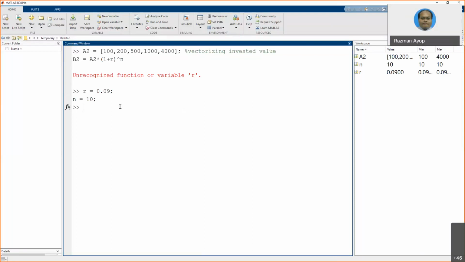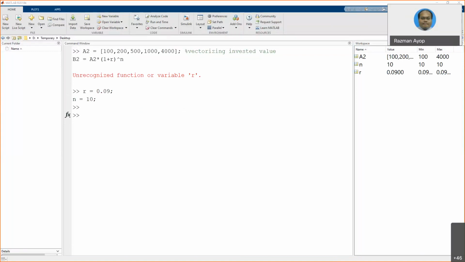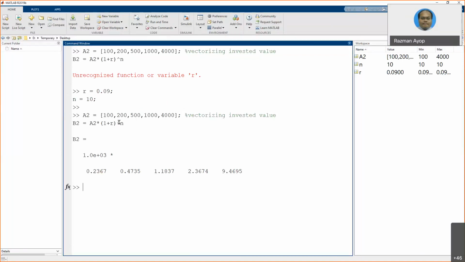You have to include the constants first. So you get the answer. So no need to put the dot first.